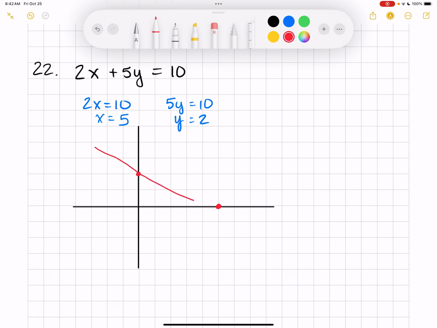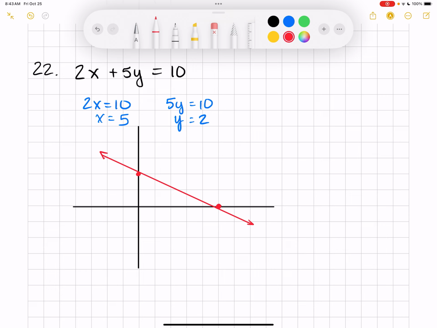I just connect them. Close enough. This one would have had a negative slope if we had done it the other way, so you can use either method.